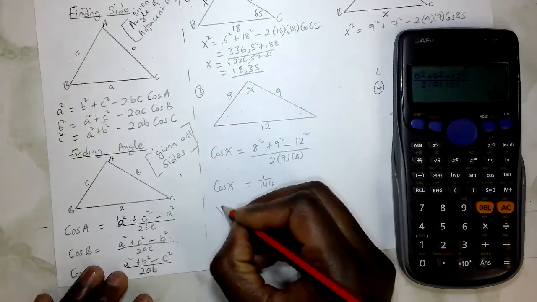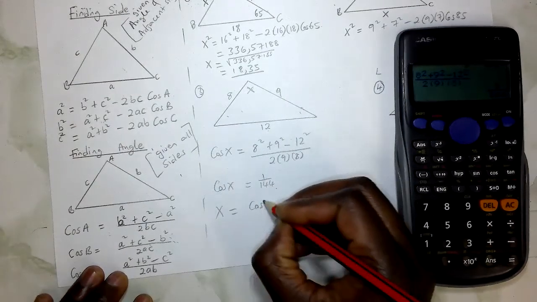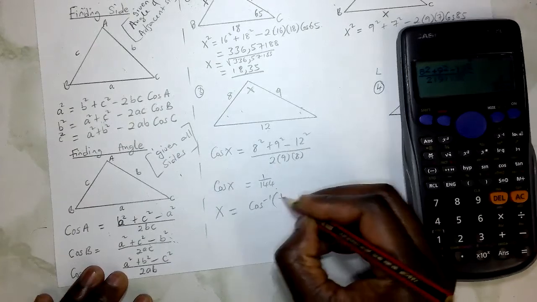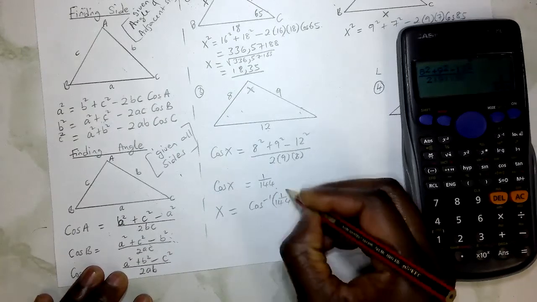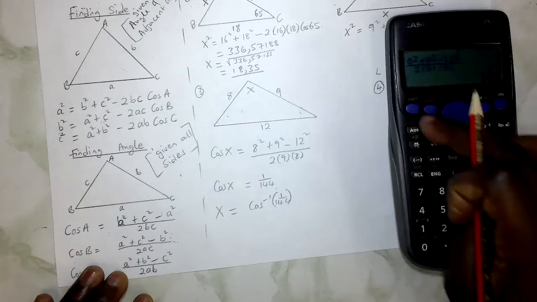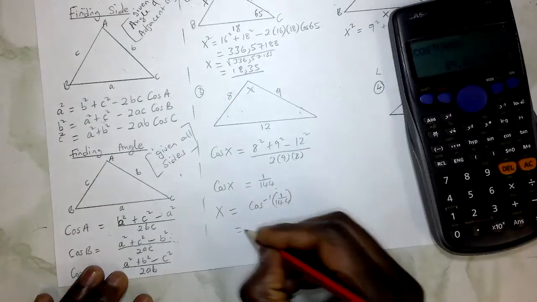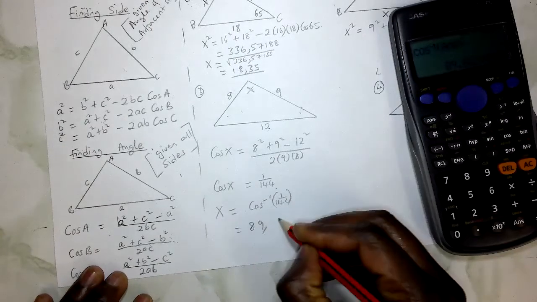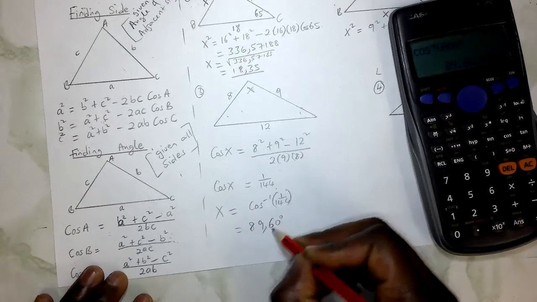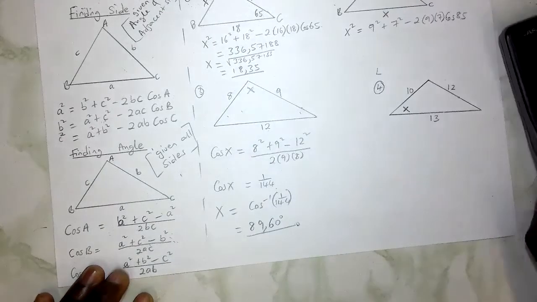Okay. So x is going to be equal to arc cos of that, 1 over 144. So we say shift cos answer. We find our answer is 89,60 degrees. That will be our answer.